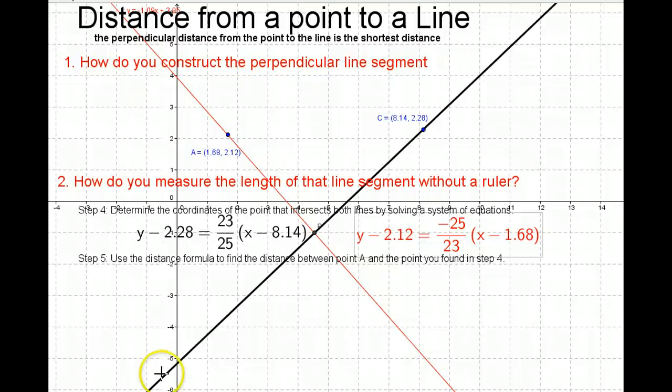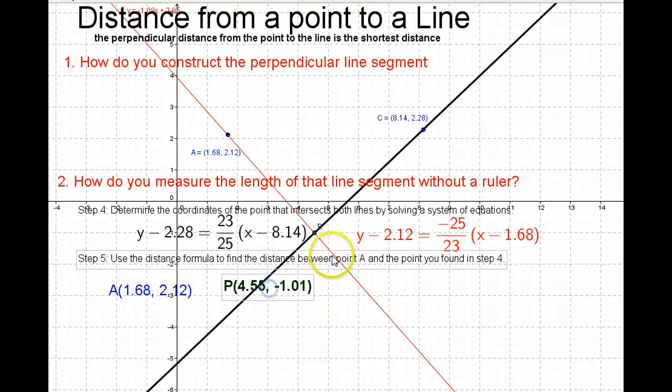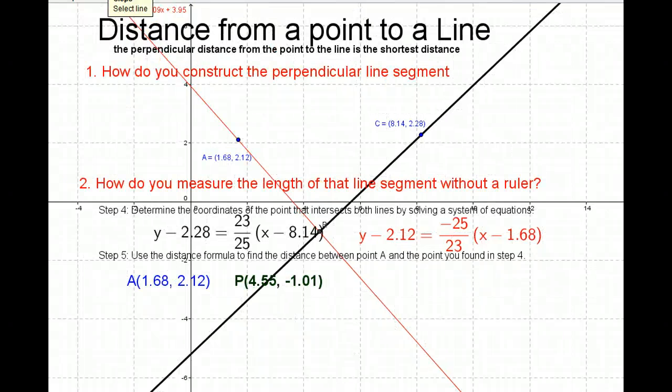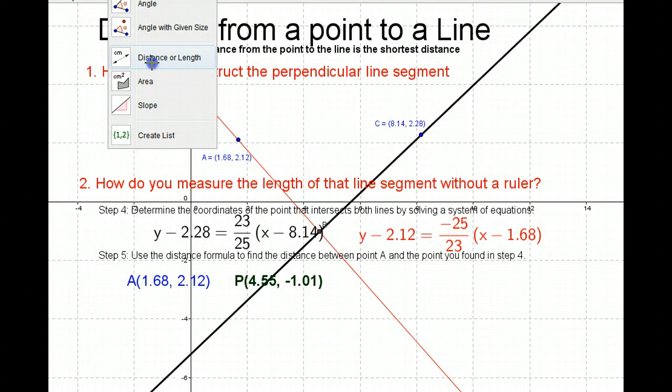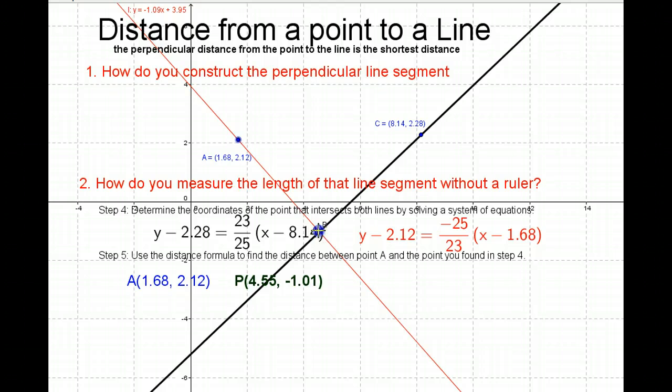But once you have found the coordinates of that point, we take the coordinates of both our original point and our intersection point, and we find the distance between the two points by using either the distance formula or the Pythagorean theorem. I have a tool that will calculate that quite easily by just selecting the two points, and then we have the distance between the two. As we can see here, the distance is 4.25. And you will get the same using the distance formula.